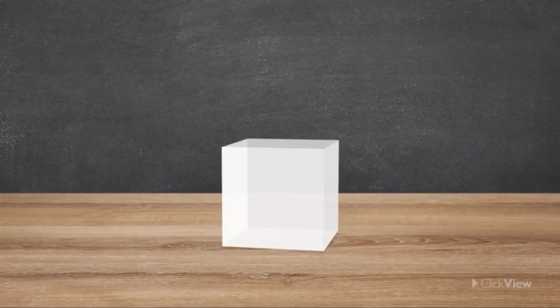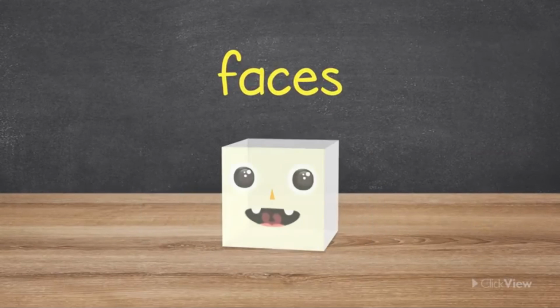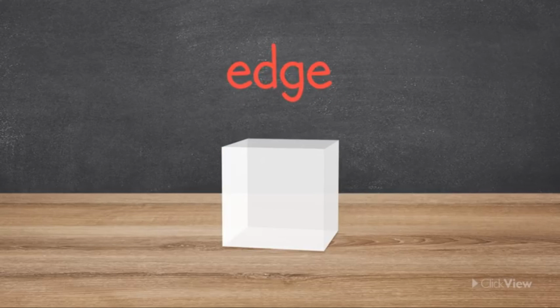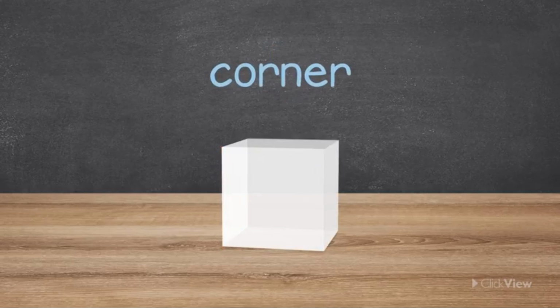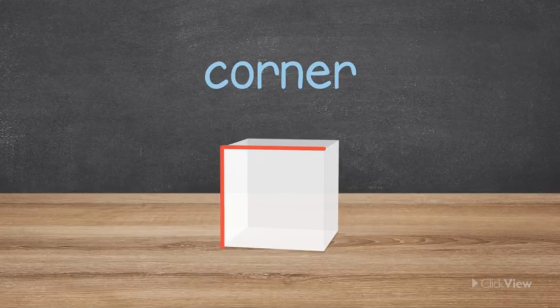The flat surfaces of a shape are called faces. No, not that type of face. The edge of a 3D shape is the line where 2 of its surfaces meet. And the corner is where 2 or more edges meet.